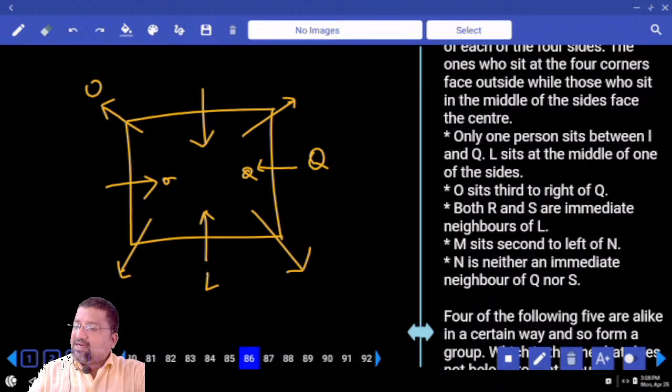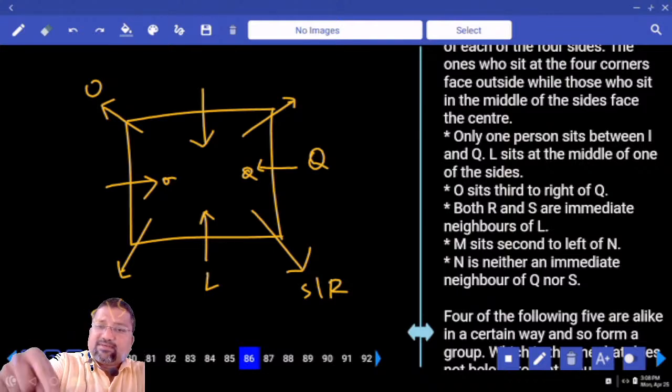Both R and S are immediate neighbors of L. Both R and S are immediate neighbors of L, but we don't know which side. R by S, S by R. M sits second to the left of N. M should be at the second left of N. If this is N, what are the possibilities?